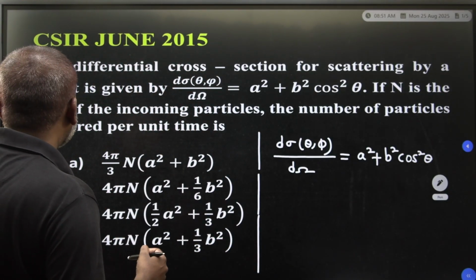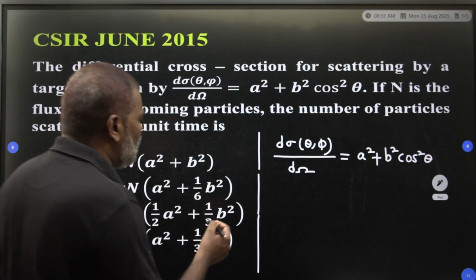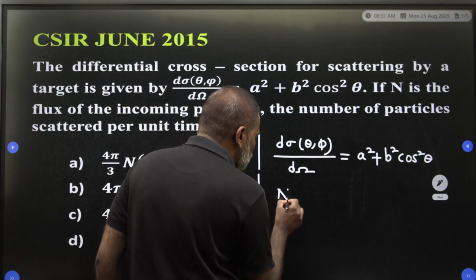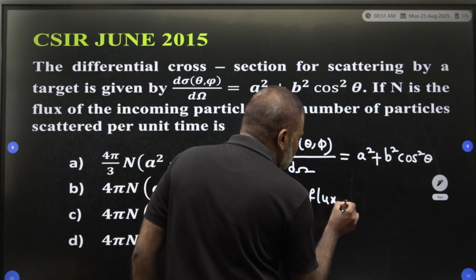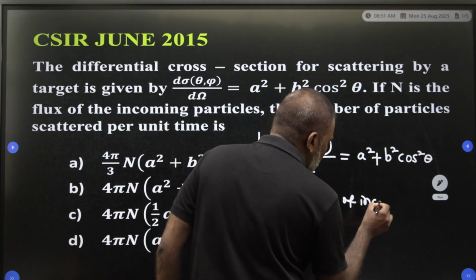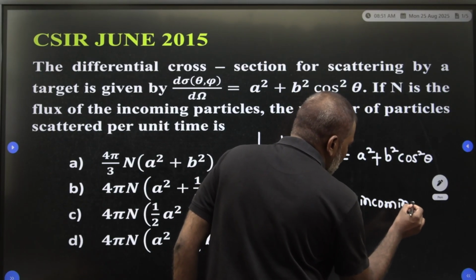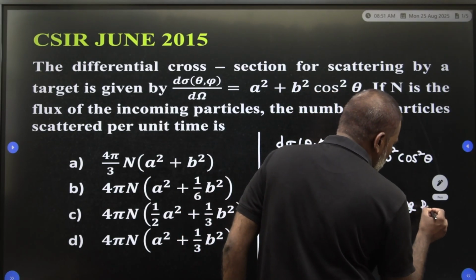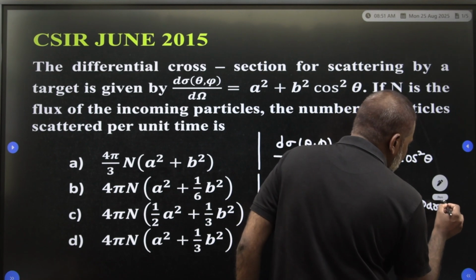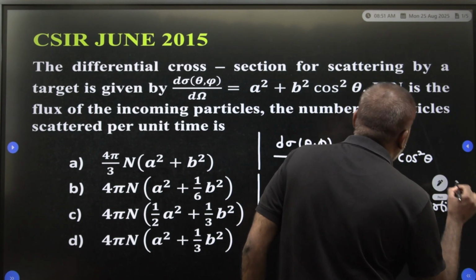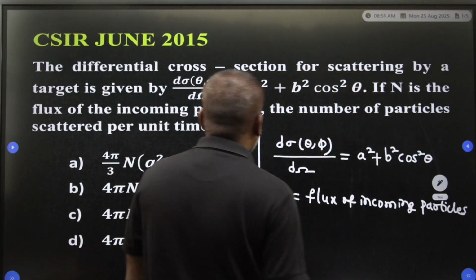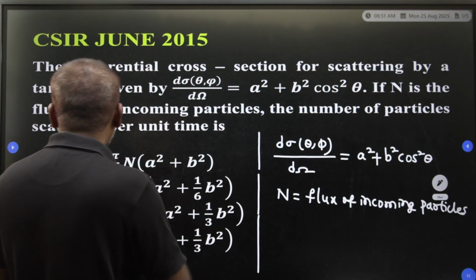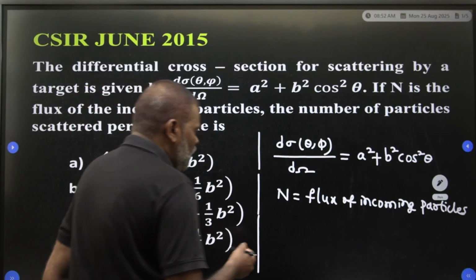So if n is the flux of the incoming particles, you have to write that the flux of the incoming particles is equal to n. What we need to calculate is the number of particles scattered per unit time.